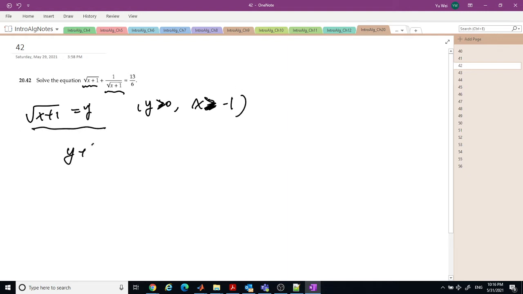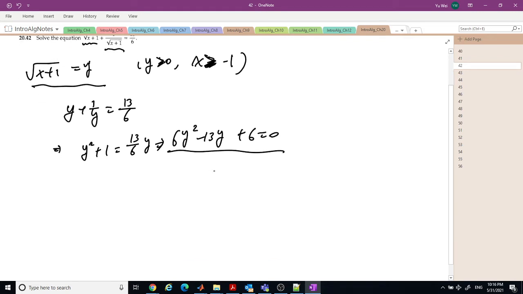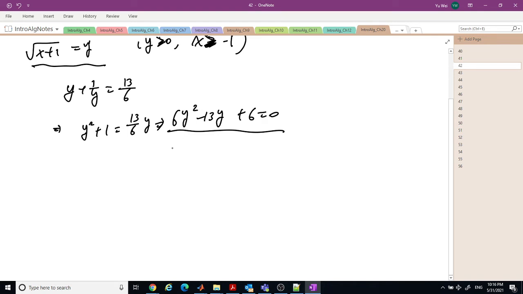So y plus 1 over y is 13 over 6. So now we have y squared plus 1 is 13 over 6 y. Then it's 6y squared minus 13y plus 6 is equal to 0. Okay, now we can try to solve this quadratic equation.